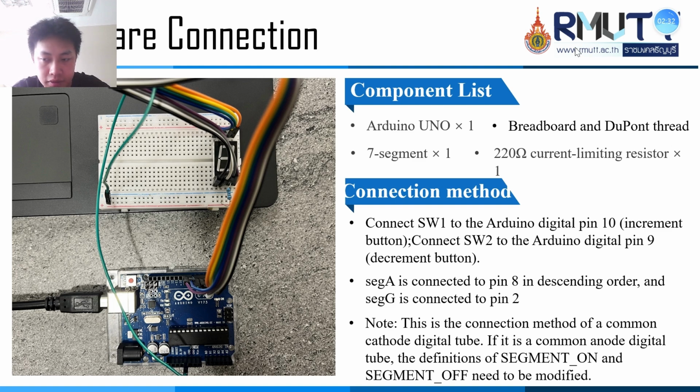But something we should mention: this is the connection method of a common cathode digital tube. If it's a common anode digital tube, the definitions of segment on and segment off need to be modified.